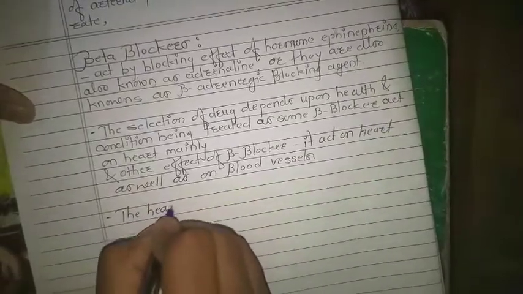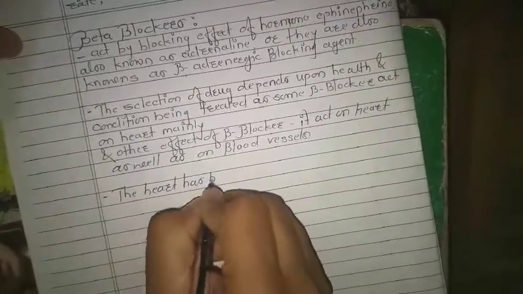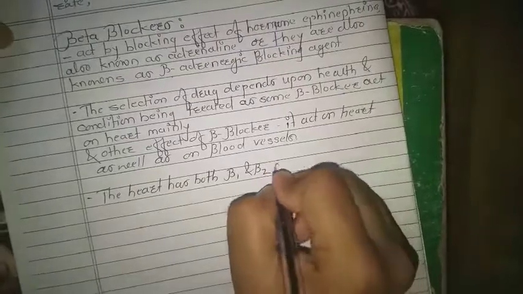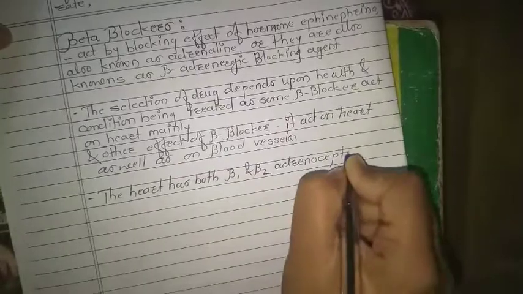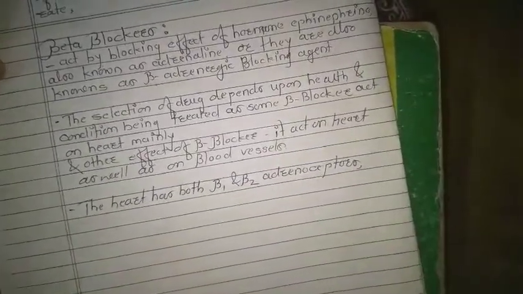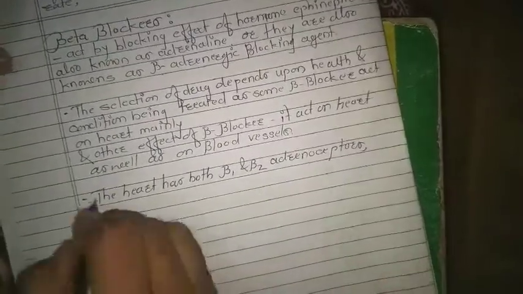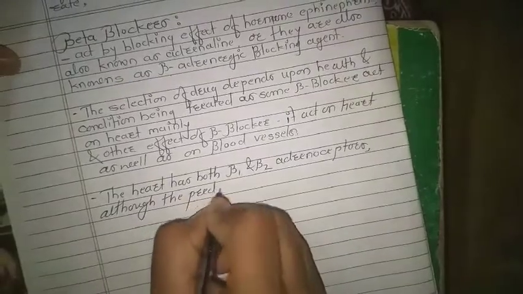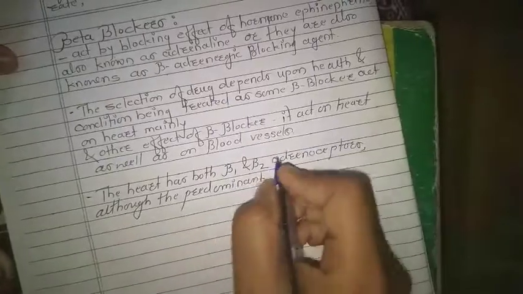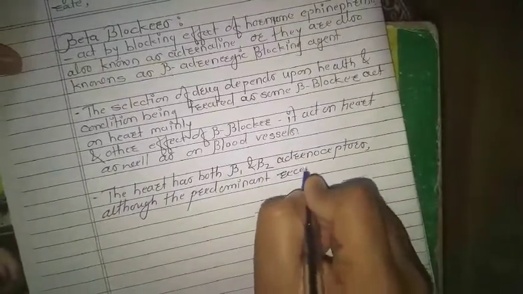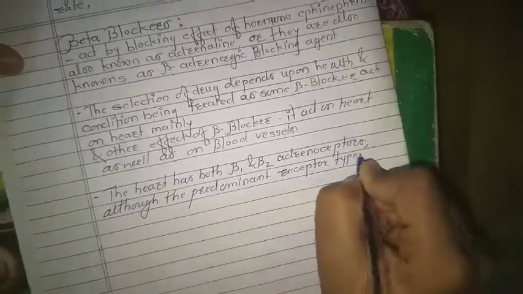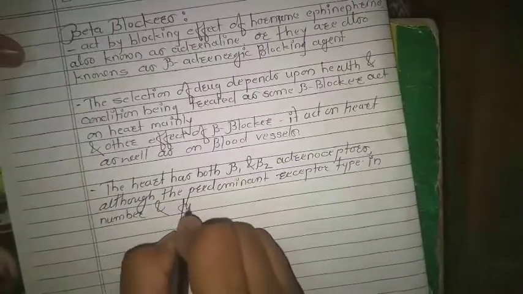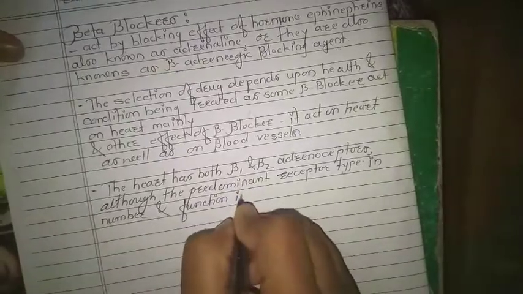The heart has both beta 1 and beta 2 adrenoceptors, although the predominant receptor type in number and function is beta 1.